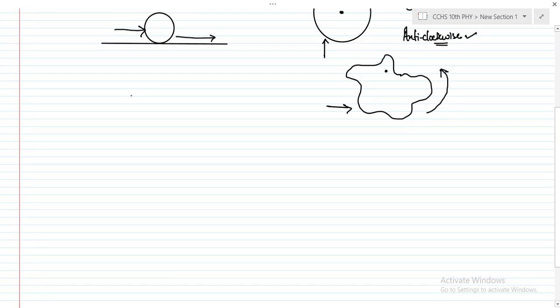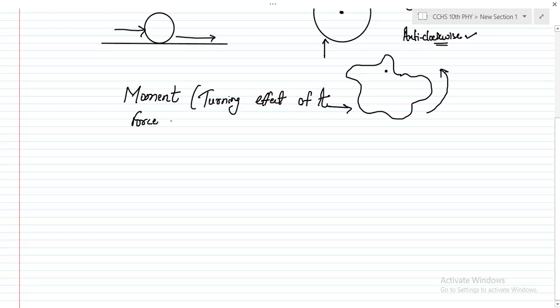That turning effect is also called moment. We call it moment. Moment means turning effect of a force, or it can be called torque.